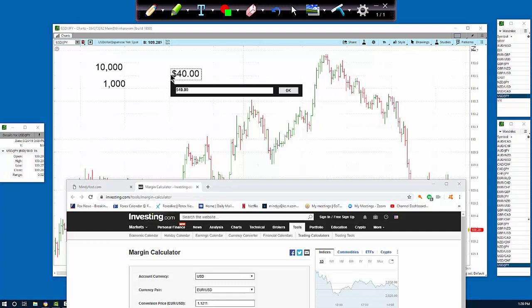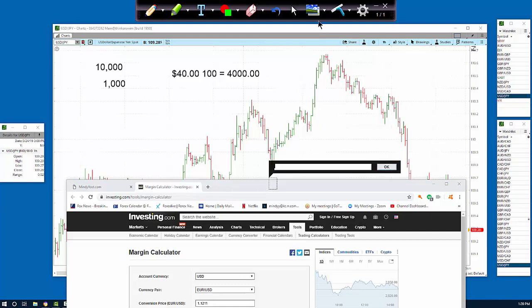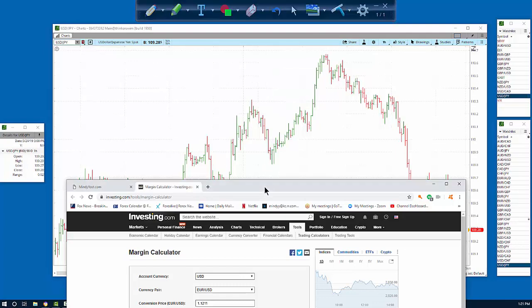If that went 100 pips the wrong way, that would equal $4,000. So if this trade went 100 pips the wrong way, my account just spent another $4,000 on this trade. You don't want to do that, because how do you know that the trade you just made is not going to go 100 pips negative? You never know for sure.